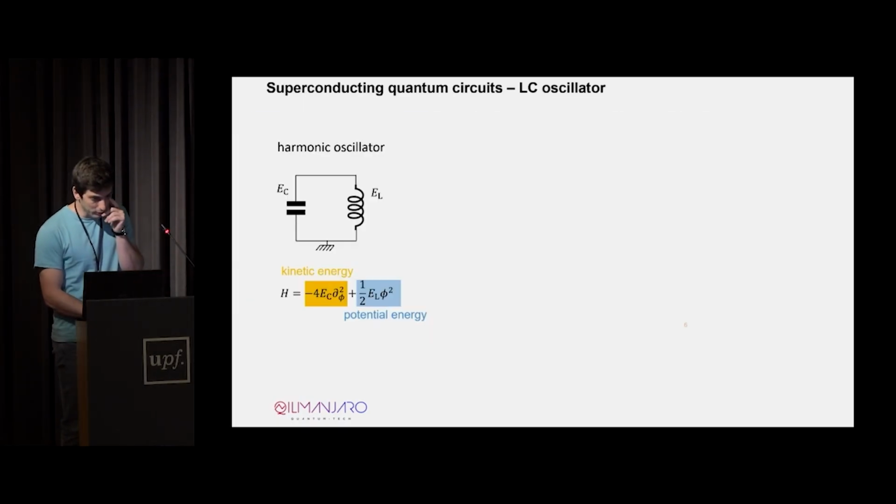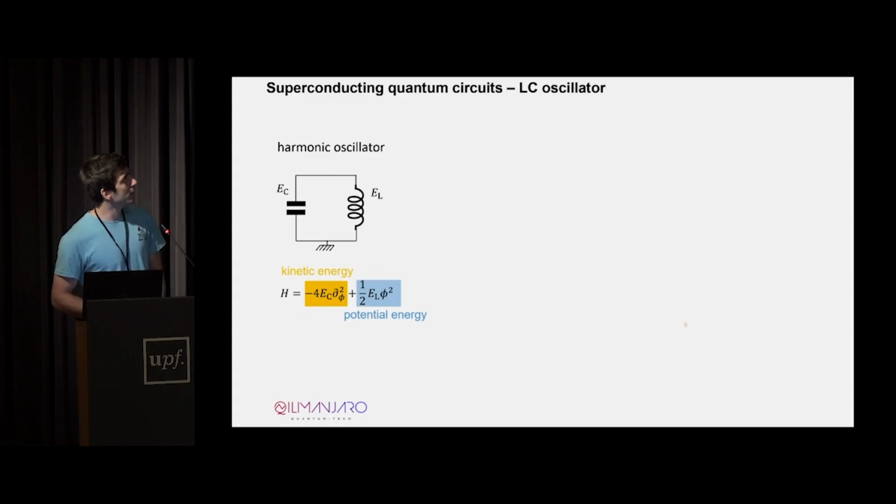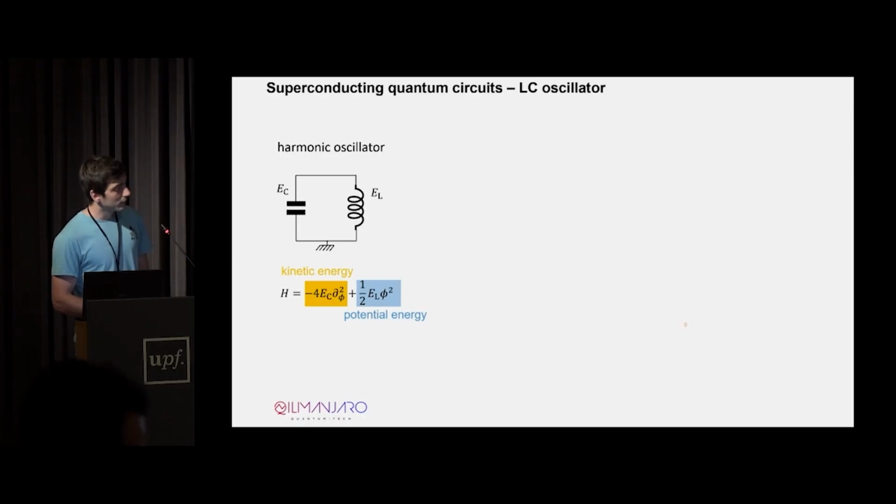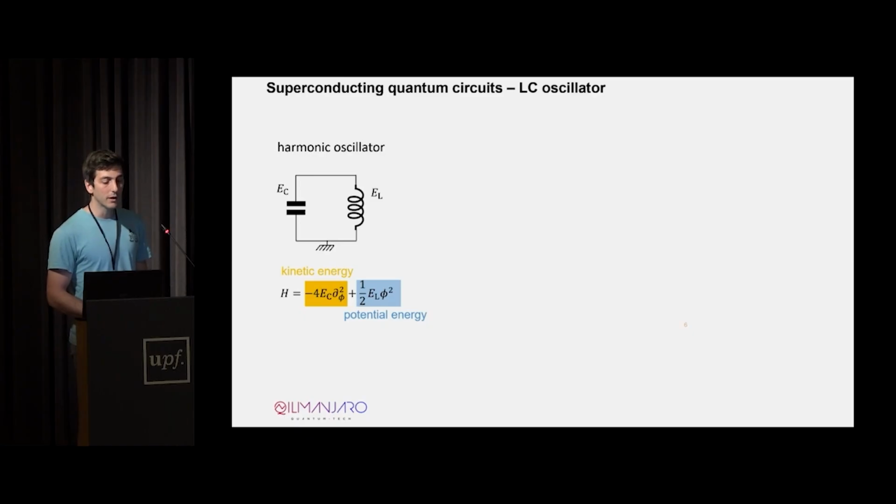So let's start. Before going to Fluxonium, let's quickly review what an LC oscillator is. An LC oscillator is essentially a parallel circuit involving a capacitor with a charging energy EC and an inductor with an inductive energy EL, where energy can oscillate back and forth between the capacitor and the inductor.